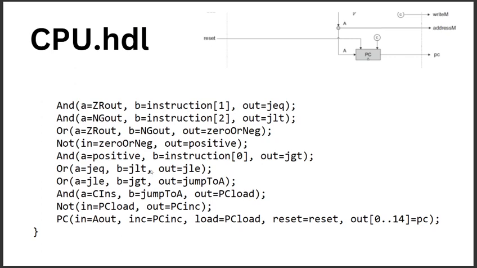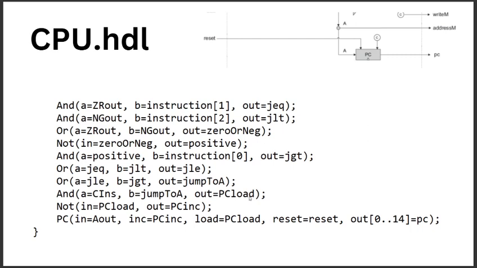Lastly is the program counter. The program counter is also known as a register which contains the address of the instruction to be fetched next. In this part of the CPU HDL code, the load bit of the PC is determined by the jump bits and the ALU outputs.